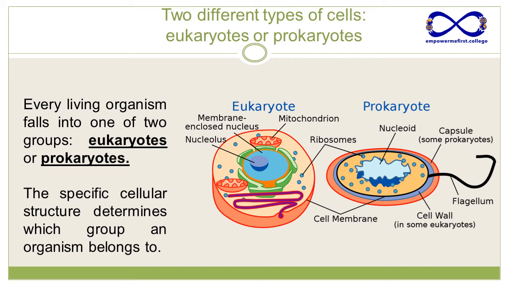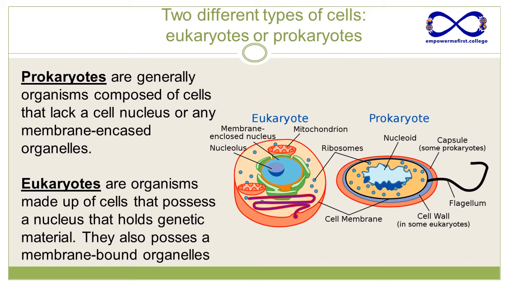The specific cellular structure determines which group an organism belongs to. When I say cellular structure, I mean what the cell itself is composed of. Many organelles and big size are generally associated with eukaryotic cells, and small structure is generally associated with prokaryotic cells.